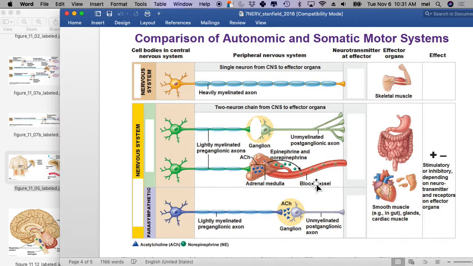These two have to release two different neurotransmitters right here to cause two different effects. The rest of the whole story is acetylcholine except one place, right? So this is acetylcholine. This one is acetylcholine here because both preganglionic ones release acetylcholine. And then this one has to do something different or else you can't cause a different response. So I think you might have just written it down wrong.